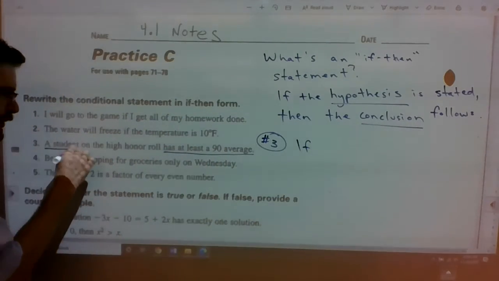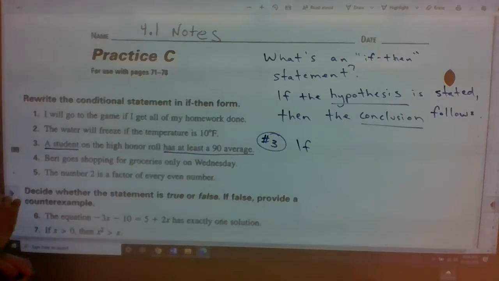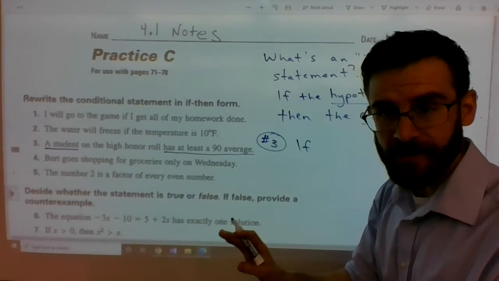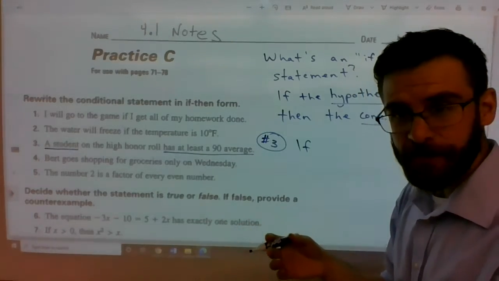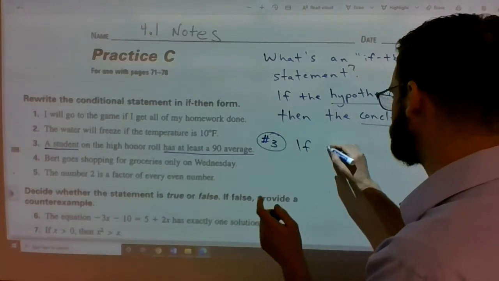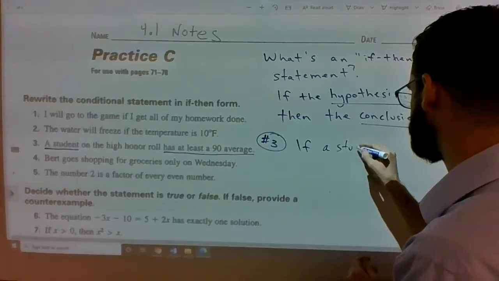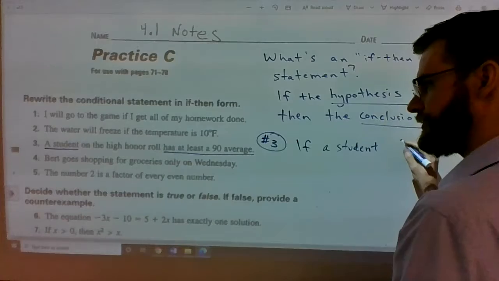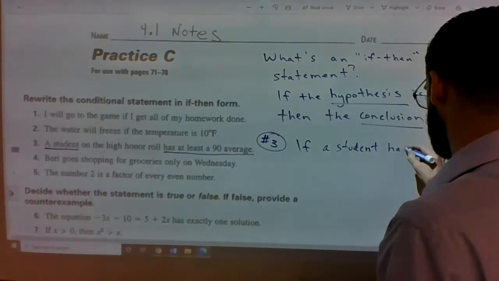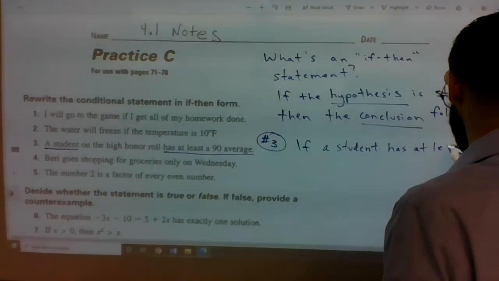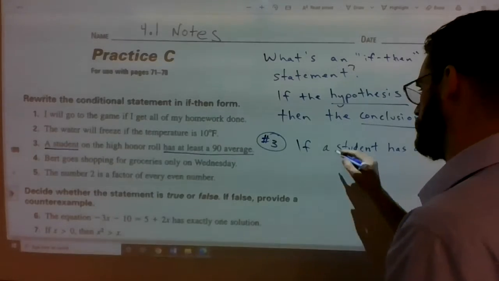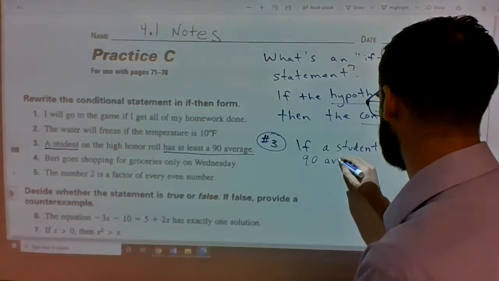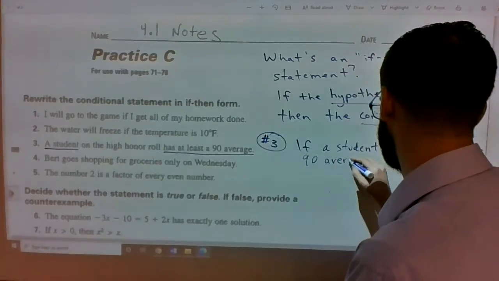If a student has at least a 90 average. Okay? So this is different, right? We basically had to break up the statement to find the if part. If a student has at least a 90 average, we're talking 90%. That's pretty good.